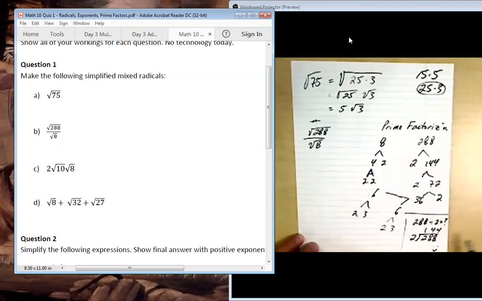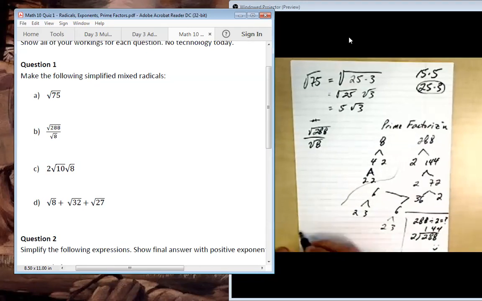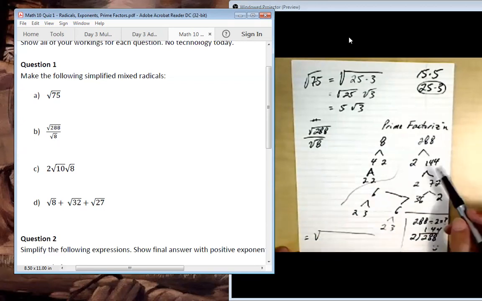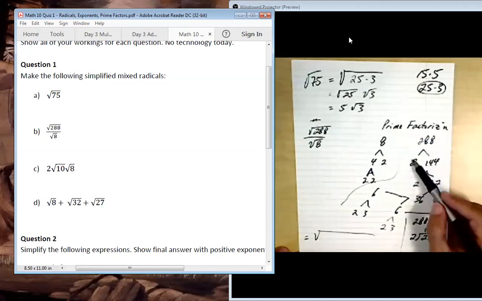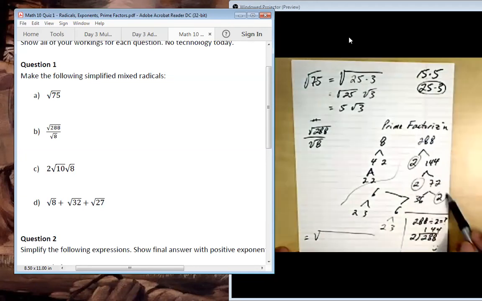So a bit messy on account of how I organize the side work here, but hey, that's how it goes. So now watch. We're dividing all these, right? So 288 is the same as all of these prime numbers multiplied together.